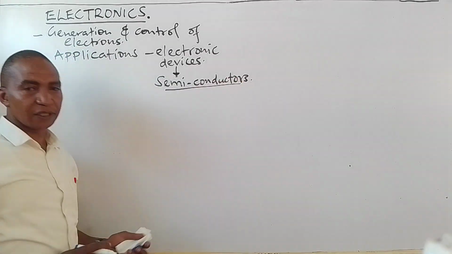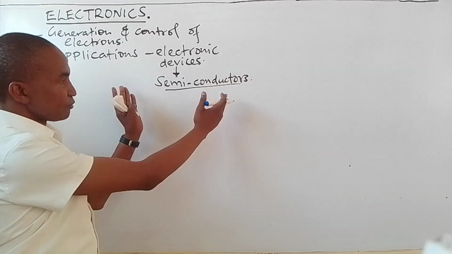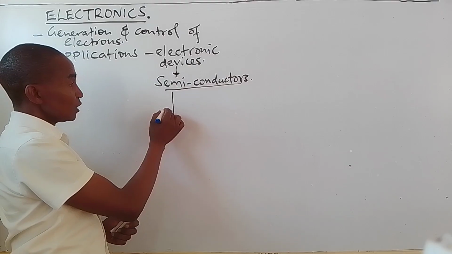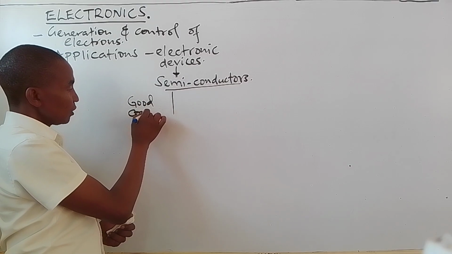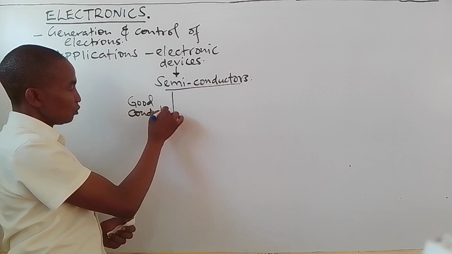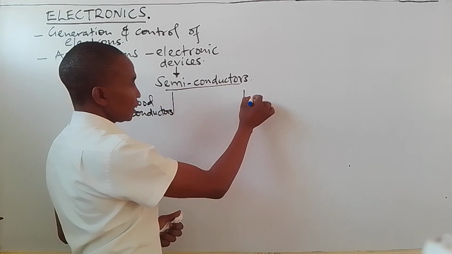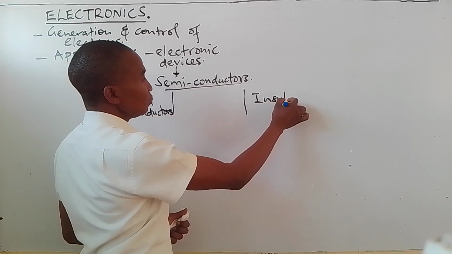Semiconductors are materials whose conductivity falls between that of good conductors and that of insulators.